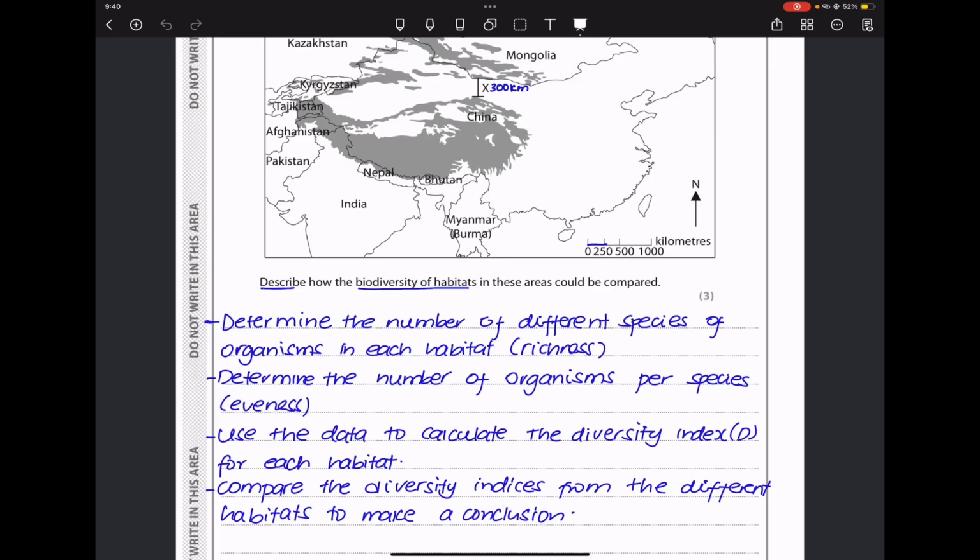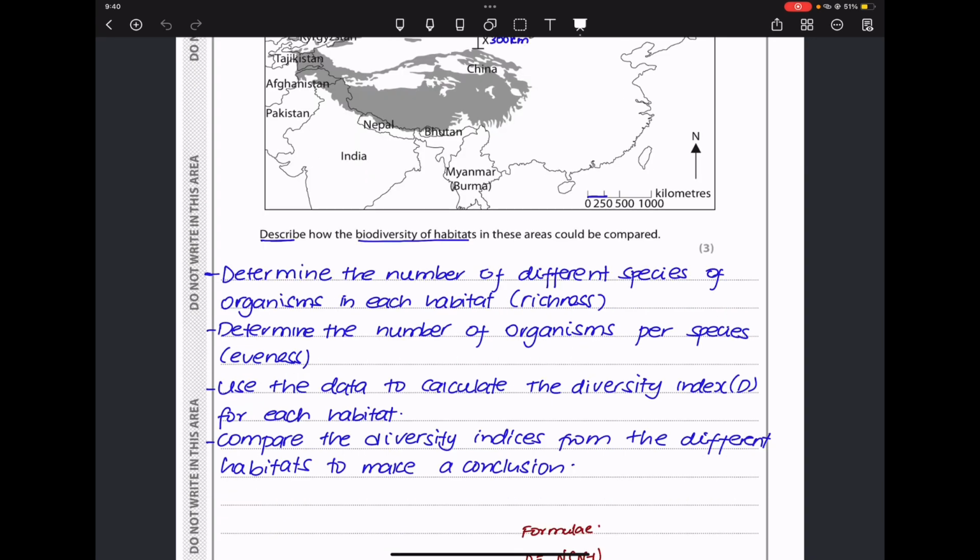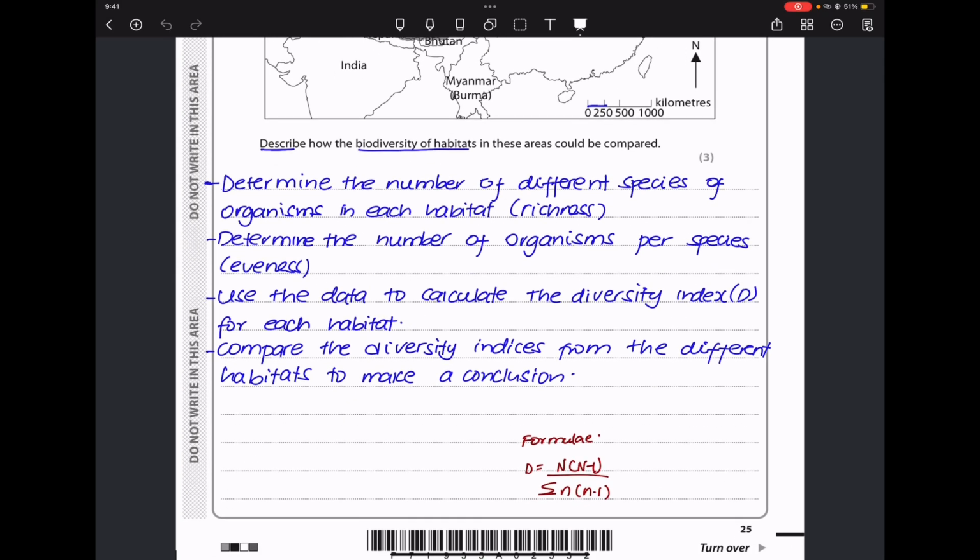This is evenness. How many of each species are there? If there are more per species, then there is greater evenness, or there is species evenness. Then we can use the data to calculate the diversity index, which is the D, for each habitat, and we compare the diversity indices from the different habitats to make a fair conclusion. You could use this formula, it's in your textbook, for the diversity index calculation.